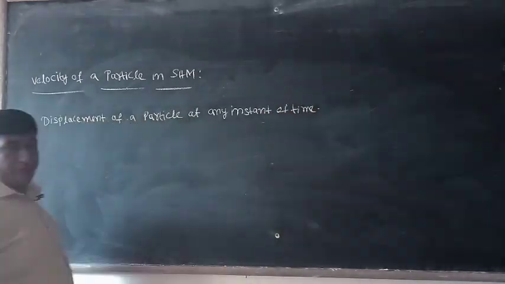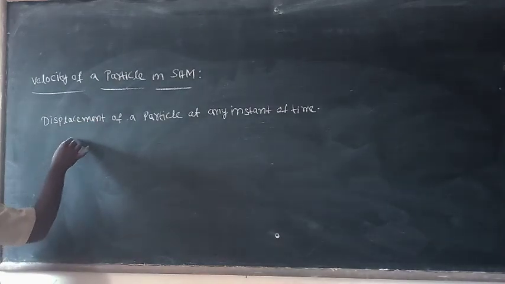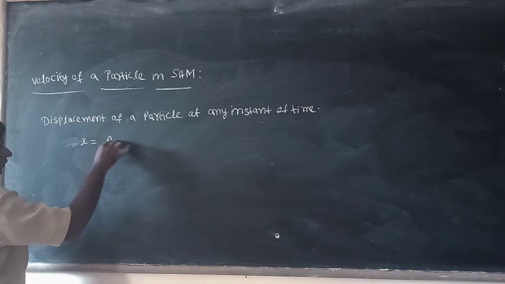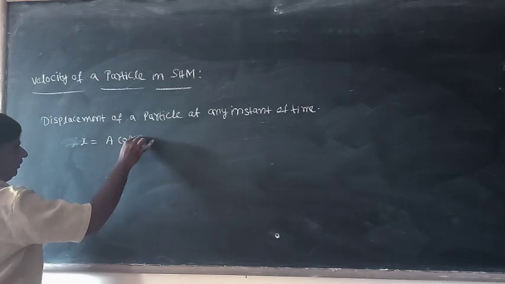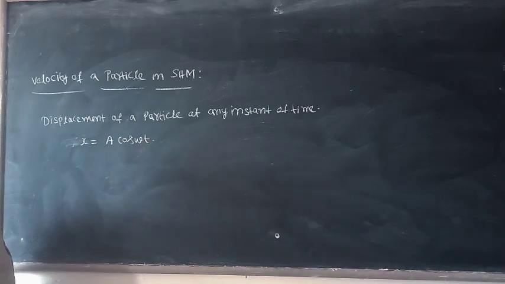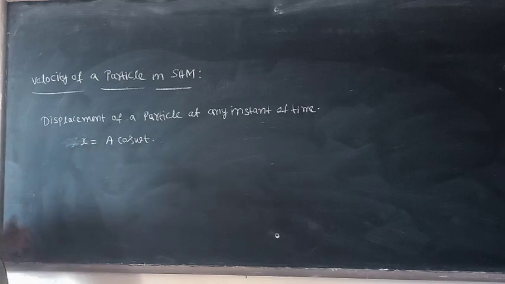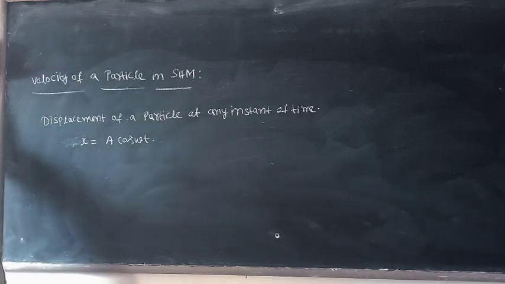That displacement equation is nothing but x equals a cos omega t, where this small t represents any instant of time. So this is the displacement of a particle at any instant of time. Now we have to find the velocity of a particle.